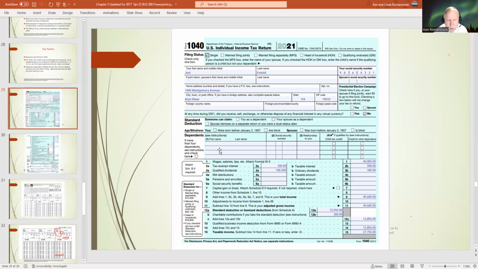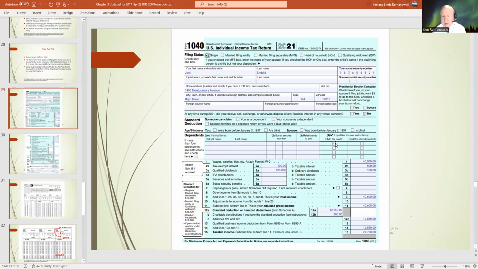Here you are required to put down anyone who is a dependent of yours. So if you have children or an elderly parent who is officially a dependent for you, you will put their name here: first name, last name, social security number, and their relationship to you.